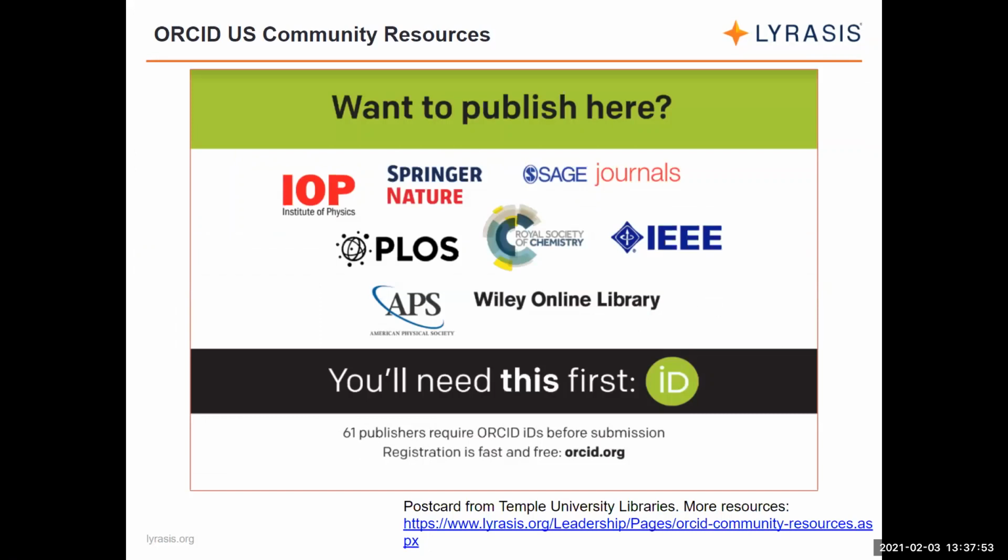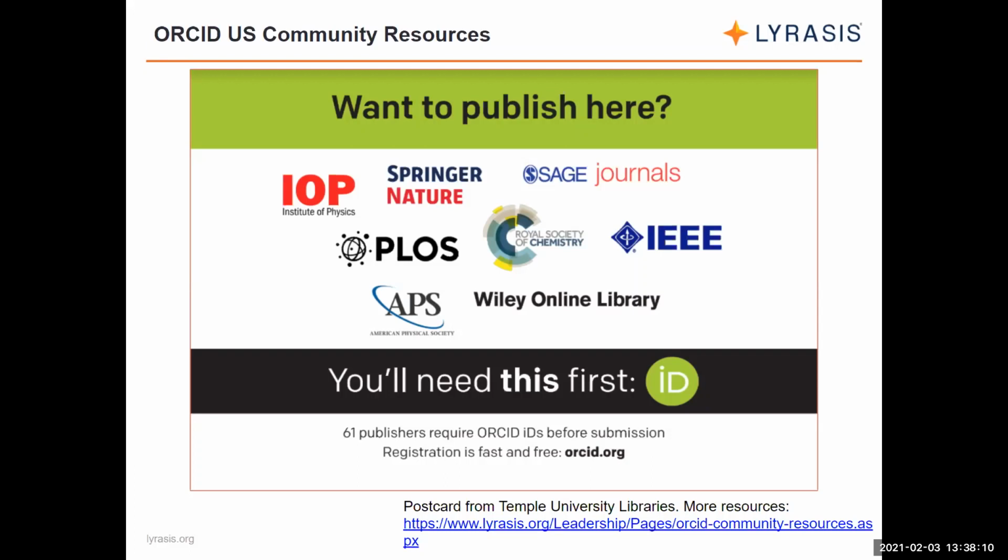And for the third point, last but certainly not least, it's never too early to make sure your researchers know about Orchid. So encouraging your researchers to get and use their Orchid ID and make sure they understand how Orchid can benefit them.